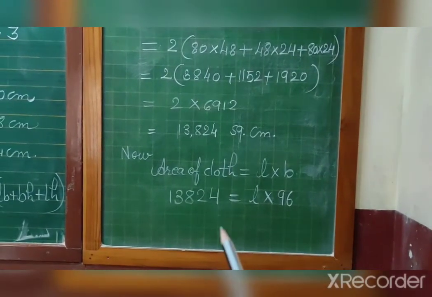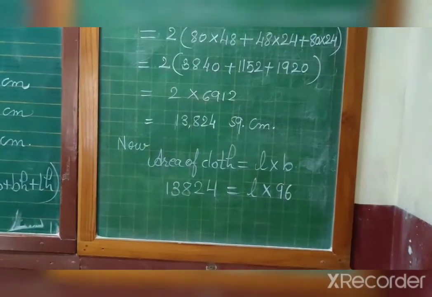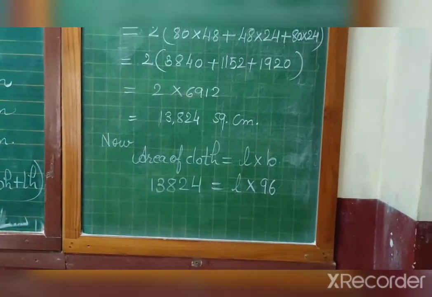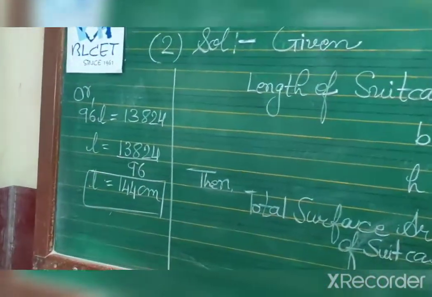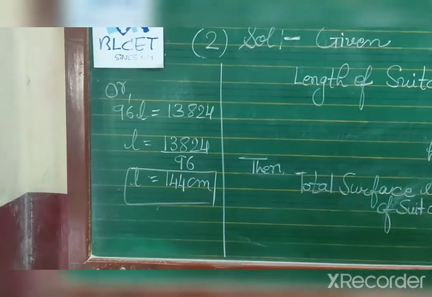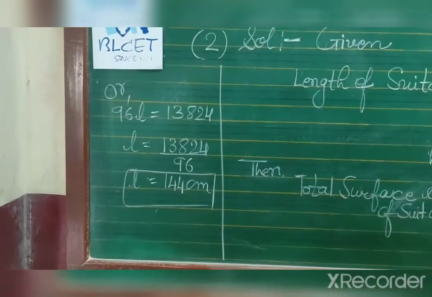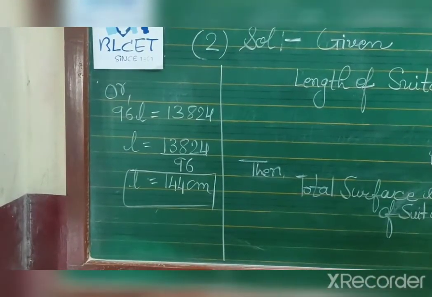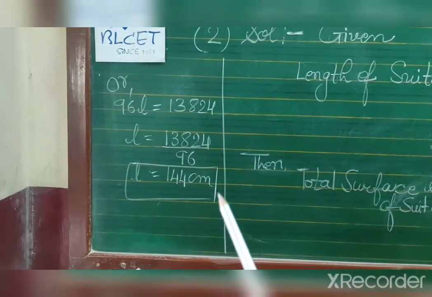So 13,824 is equal to L into 96. It's given in the question that the width of cloth is 96. L we don't know. So for calculating L, 96L is equal to 13,824. L equals 13,824 divided by 96, L equals 144 centimeter, you can see here.